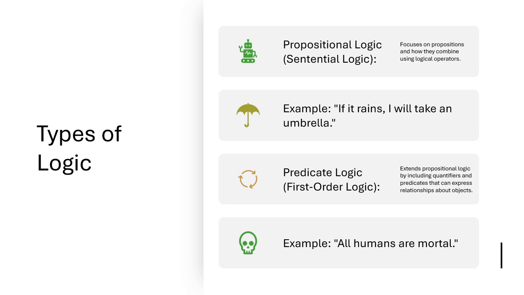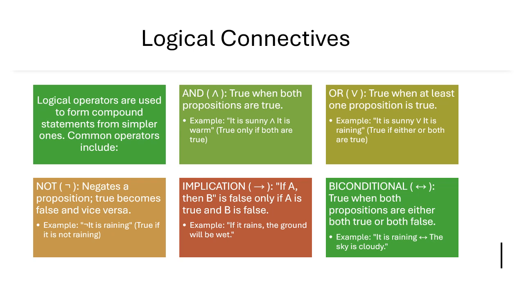Predicate logic is also called first order logic. It extends propositional logic by including quantifiers and predicates that can express relationships about objects. The example for this is: all humans are mortal. Okay, this is a universal truth. No one can be immortal.